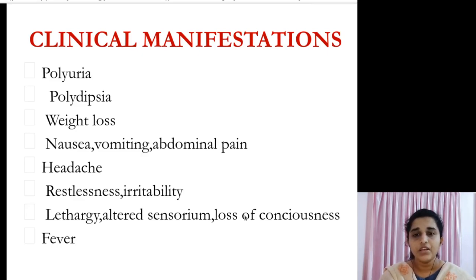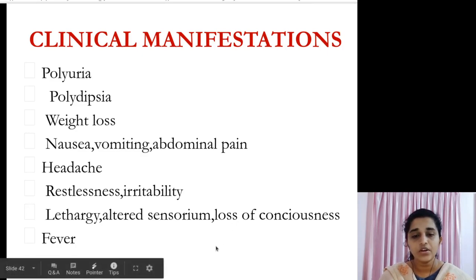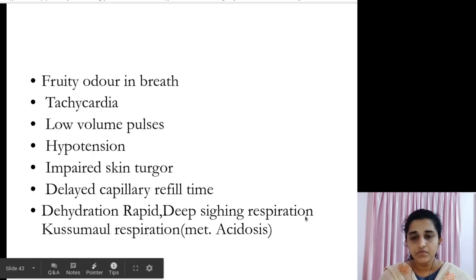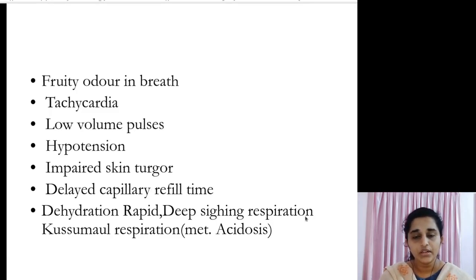Okay. So what happens? The clinical manifestations are polyuria, polydipsia, weight loss, nausea, vomiting, abdominal pain, headache, restlessness, irritability, lethargy, altered sensorium, loss of consciousness or fever. Fruity odor in breath. Why this fruity odor in breath? That is because of the presence of acetone.